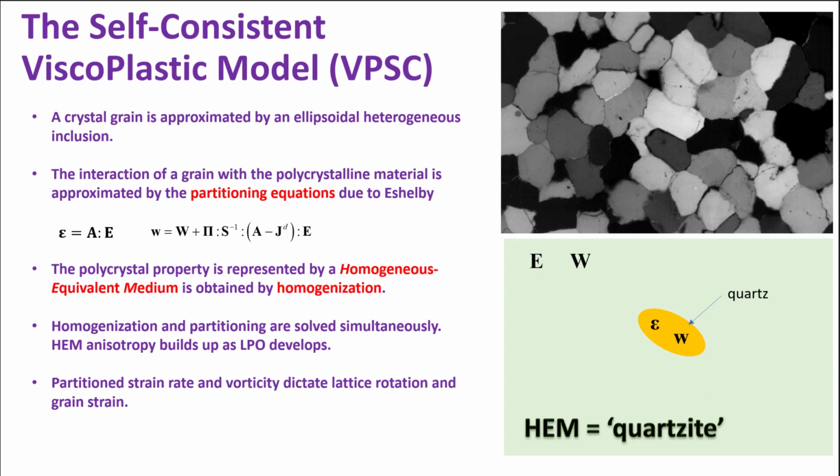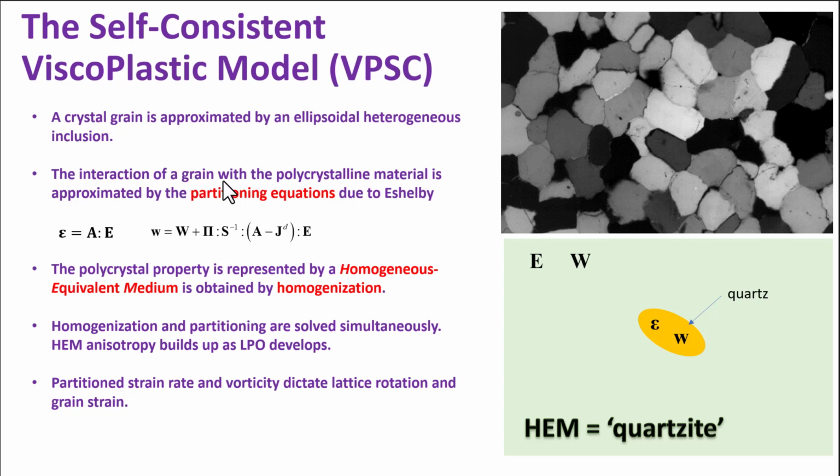So a quartz grain is treated as an inclusion. It interacts with the polycrystal continuum. The polycrystal continuum is a heterogeneous medium, of course. It is treated as a homogeneous equivalent medium. The property of the homogeneous equivalent medium is obtained by homogenization, that is due to Eshelby's theory.